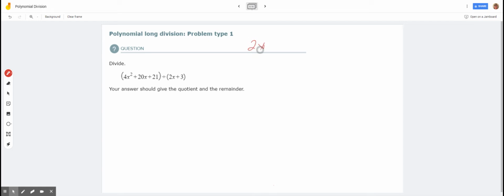Okay, so 2x plus 3 into 4x squared plus 20x plus 21. Now they always throw in a kink, you guys. Do you see how it goes squared? There's a square term, then there's x to the first power, and then there's x to the 0, which is 1.